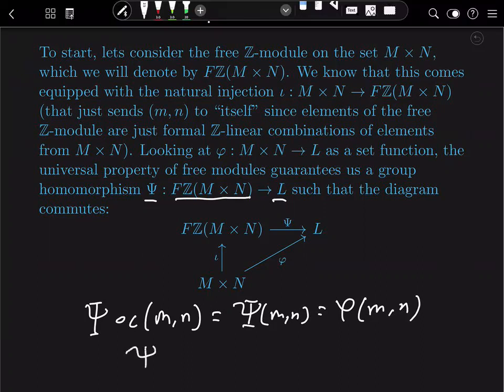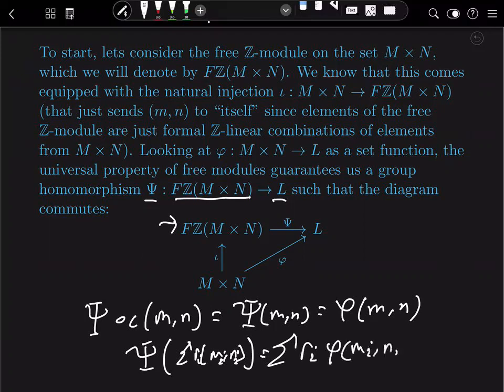We know that elements here are these formal linear combinations. So we have Psi of the sum of r_i (m_i, n_i) equal to the sum of r_i phi of (m_i, n_i). We just extend this function linearly, and that gives us the desired homomorphism.